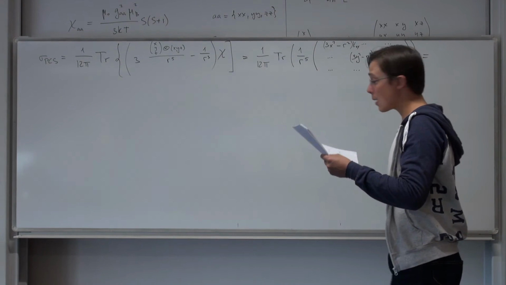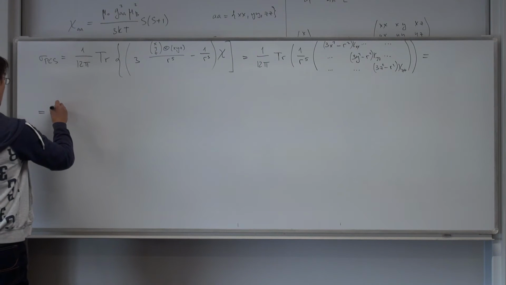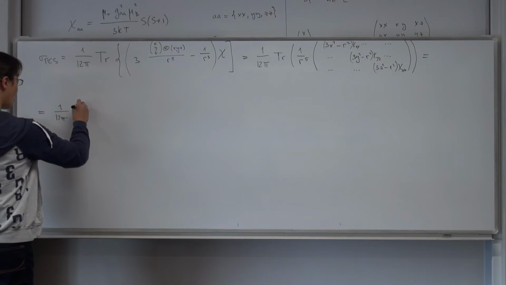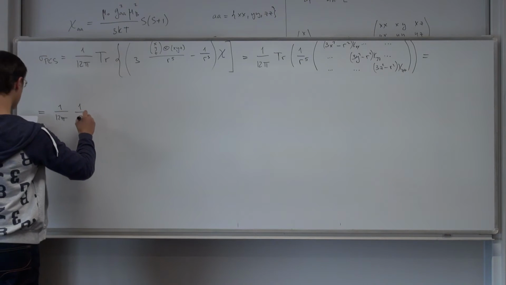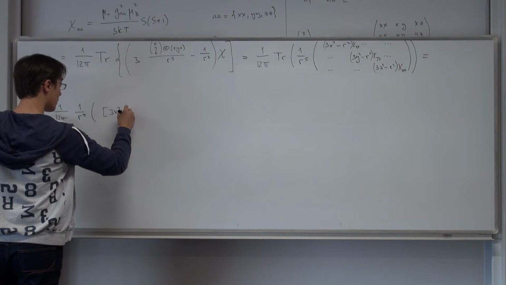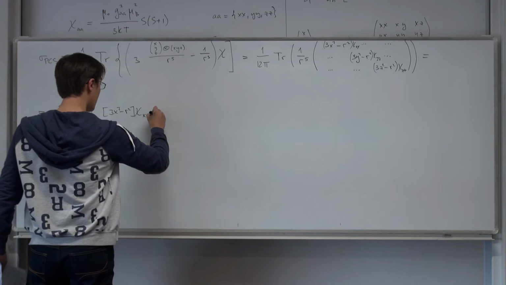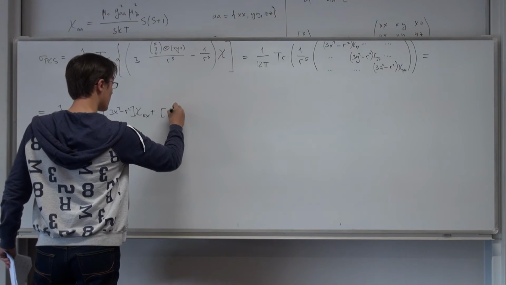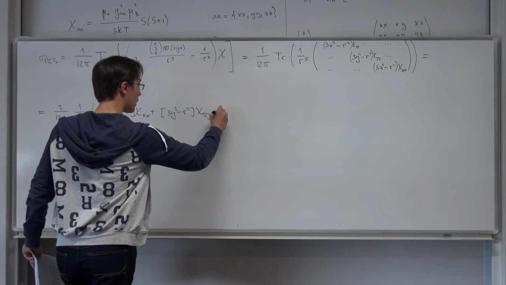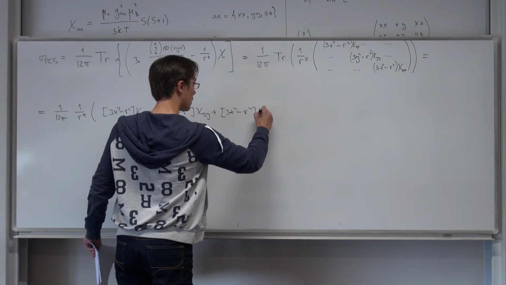And so we get a somewhat easier expression as a result, which is 1 over 12 pi, 1 over r to the fifth, of 3x squared minus r squared times chi xx, plus 3y squared minus r squared times chi yy, plus 3z squared minus r squared times chi zz.